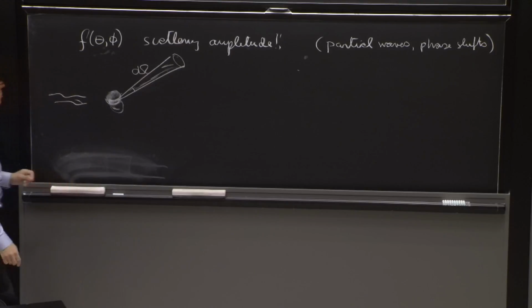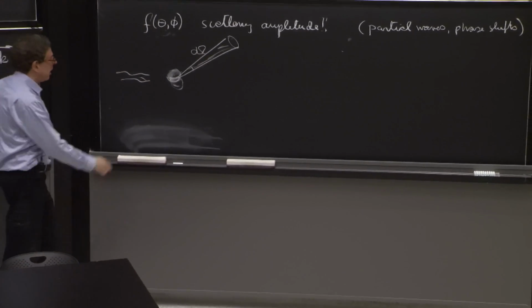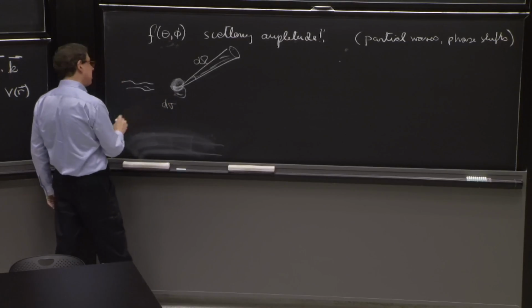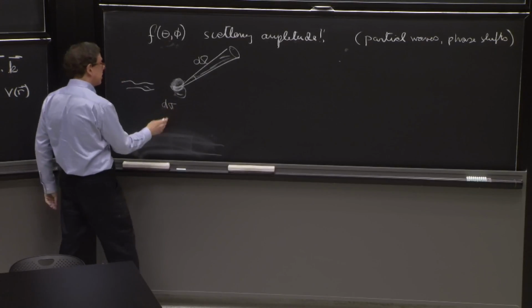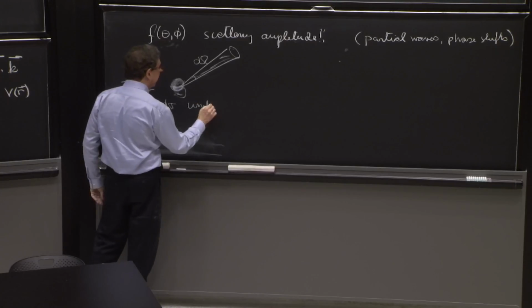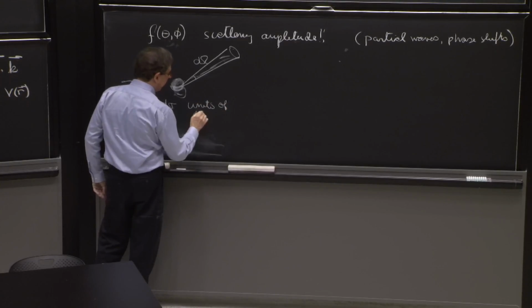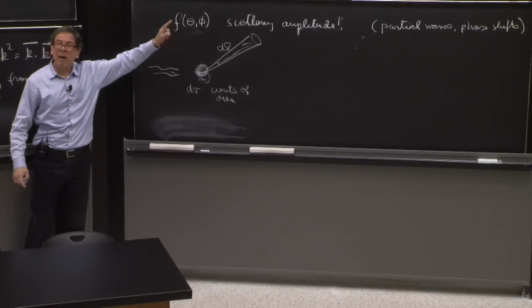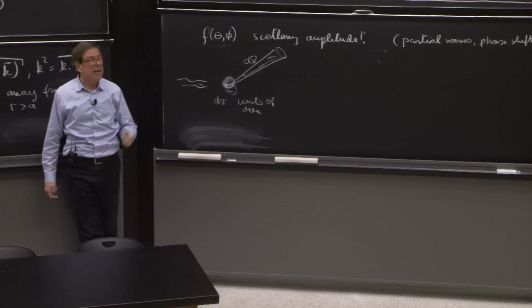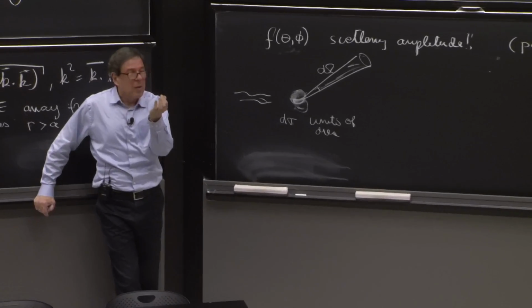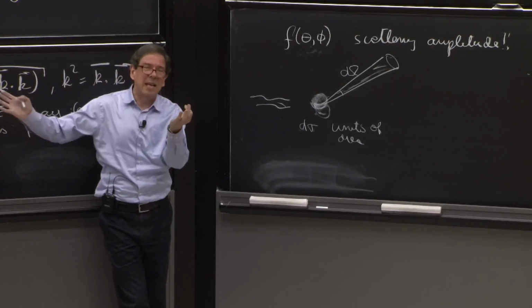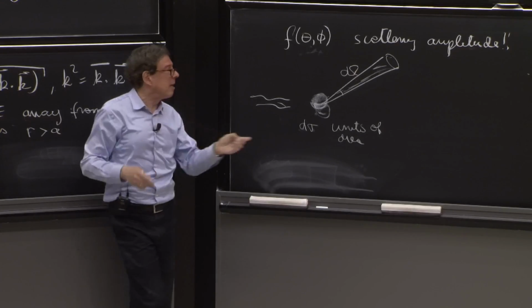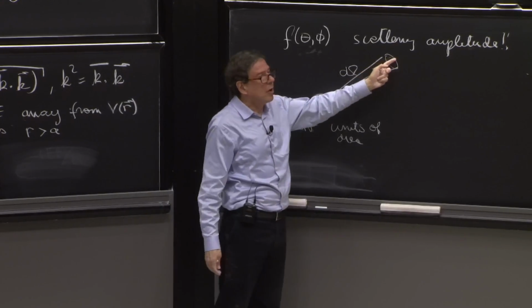So if you're looking at some process in which there are incoming particles, and you look at some angle omega where there's a detector that captures this angle, you can associate to this object a d sigma, a differential cross-section with units of area. The physical interpretation is that d sigma is the area that captures the amount of flux that you see going in this direction.